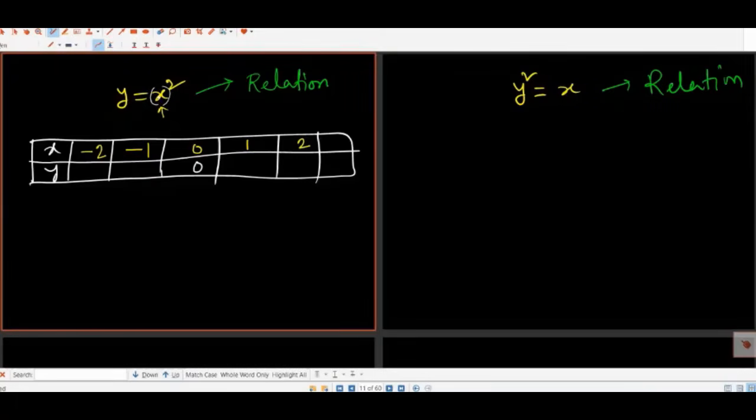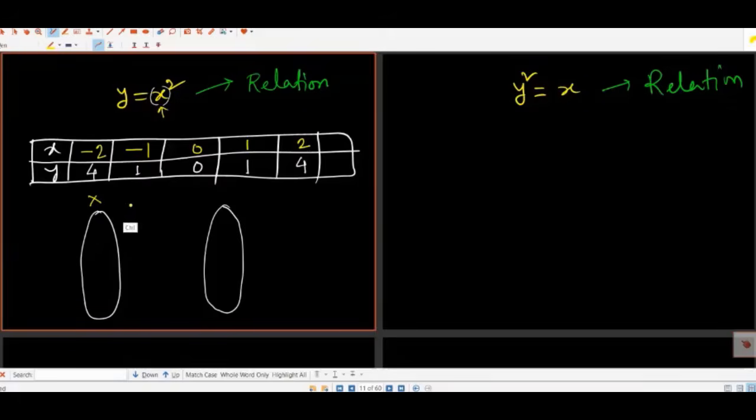If we input 1, we will get 1 because 1 squared is 1. If we input 2, it will be 4. If we input -1, -1 squared is 1. Or -2, -2 squared will be 4. So let's use this diagram so that we can verify whether the relation is a function or not.